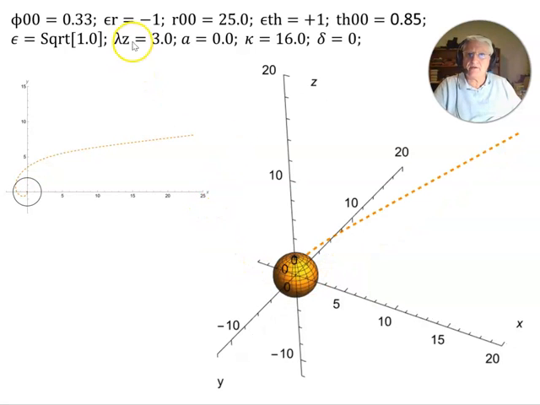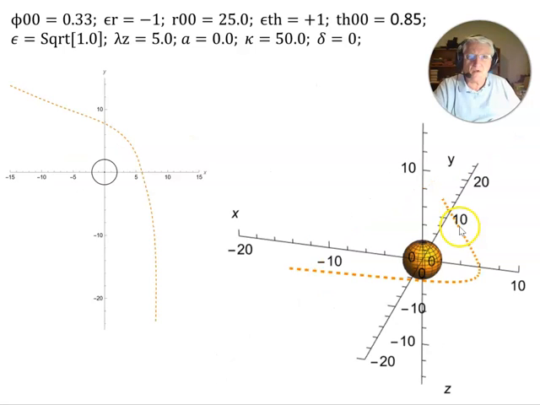Okay, here's another one, increase the angular momentum of the photon in the azimuthal direction, that is. And also here, the Carter constant set to 16 units. Next thing, here's a flyby orbit. Okay, starting at 25 units, about over here, and again, moving this way.